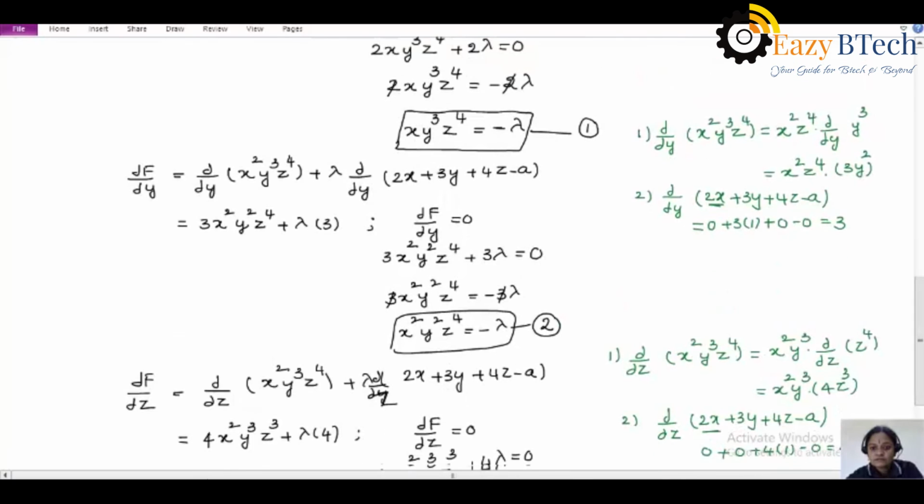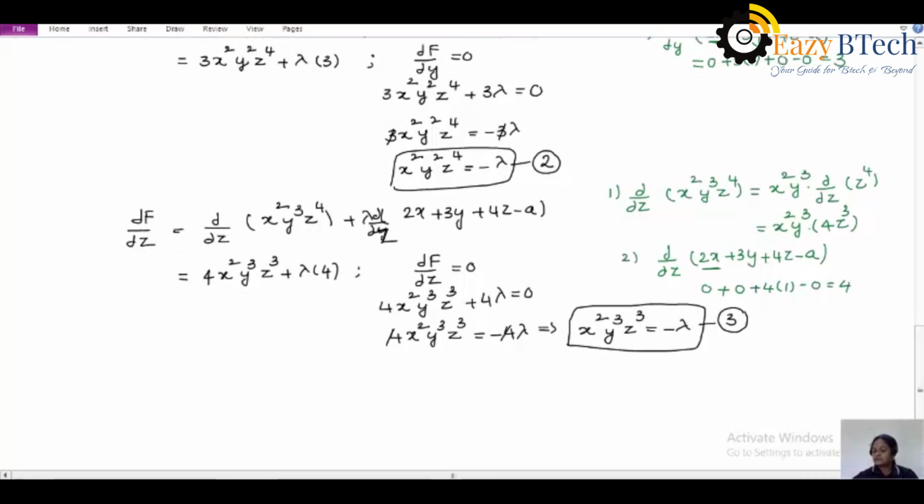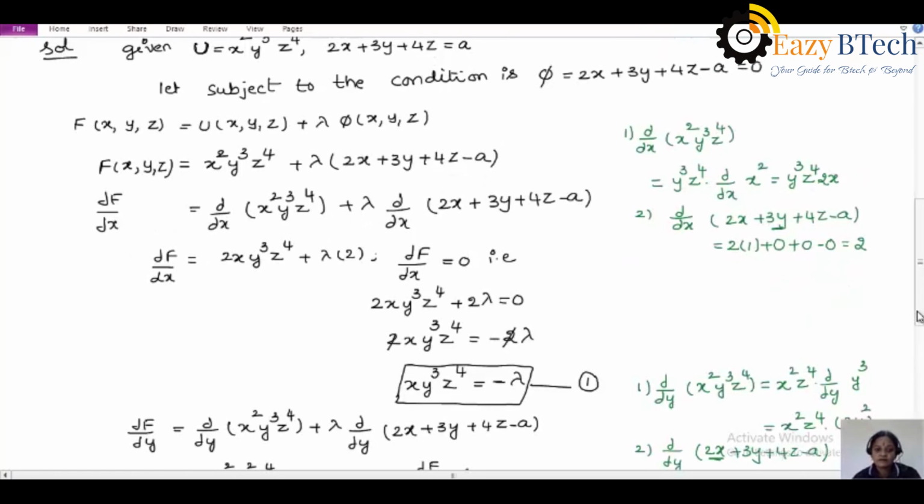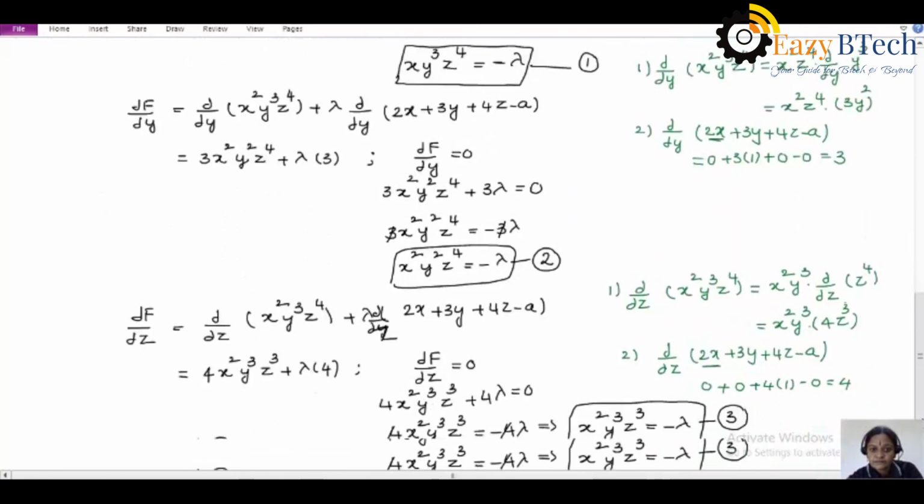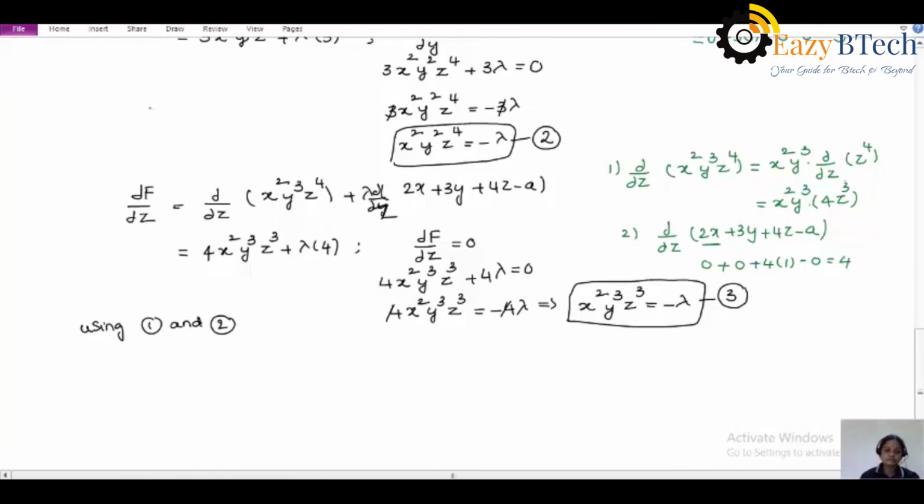Okay students, now using these three equations we get the values of λ, first using 1 and 2. What is equation 1 here? Equation 1 is xy³z⁴ = −λ, students.